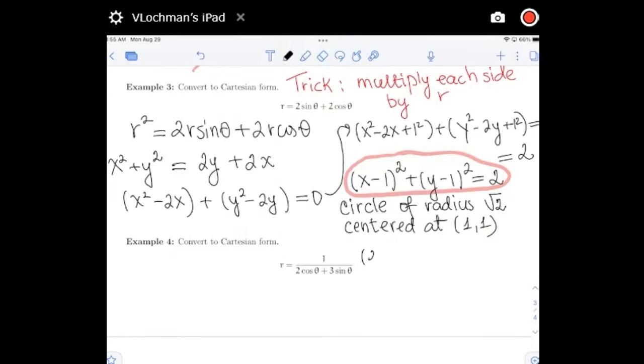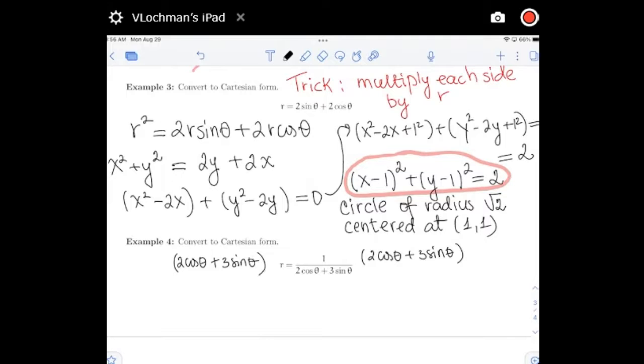So we're going to do 2 cosine theta plus 3 sine theta on one side, and then the same on the other. No, let me move it over here. Okay, 2 cosine theta plus 3 sine theta here.